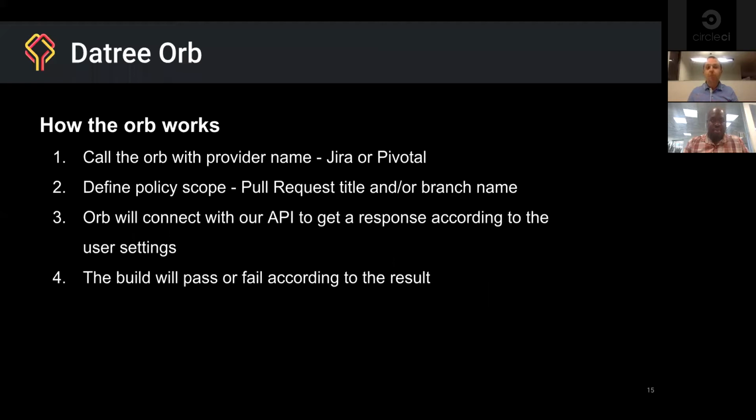And thirdly, if you want to determine whether you have a connection via the branch name, it's very easy. You don't have to do anything.